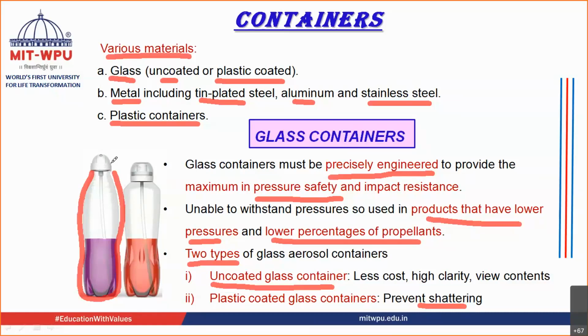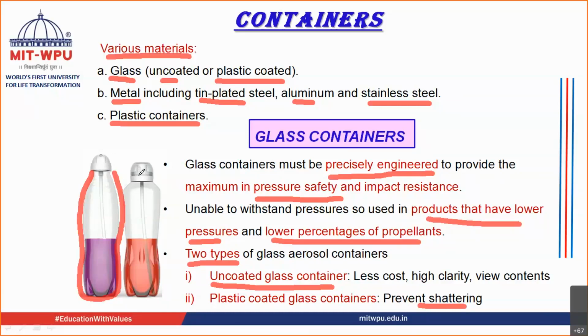During that process, there are chances that the neck might get broken. This glass container has a neck on which the valve is being placed. There are chances that this neck might get broken because of the pressure exerted during crimping. The process of fixing this valve onto this container is known as crimping.